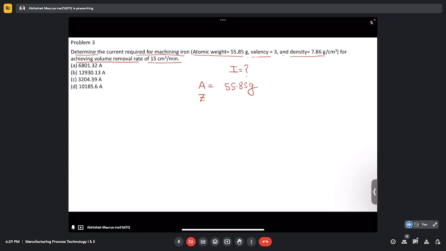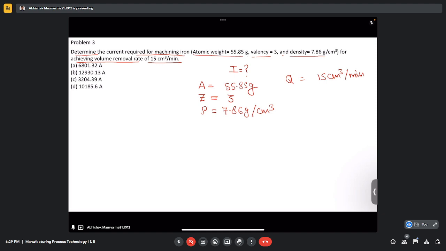Let's use the letter Z for the valency, so that is 3. And for density, let's use the symbol rho, that is 7.86 gram per centimeter cube. And the volume removal rate Q is given as 15 centimeter cube per minute.